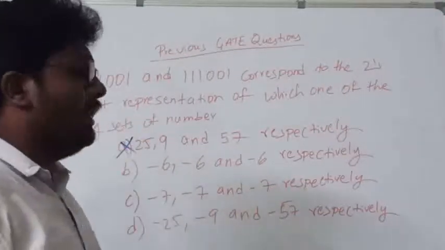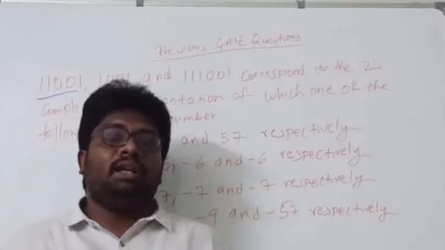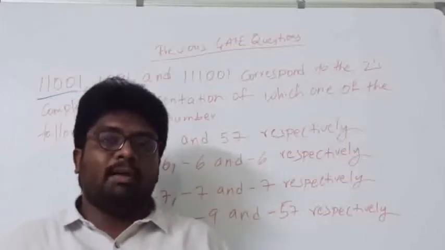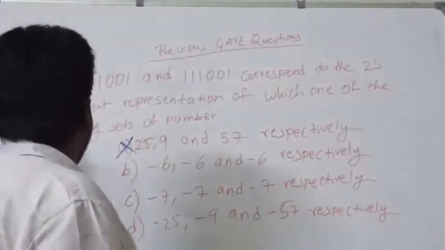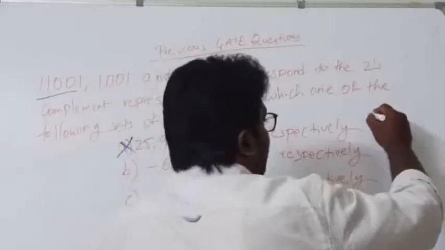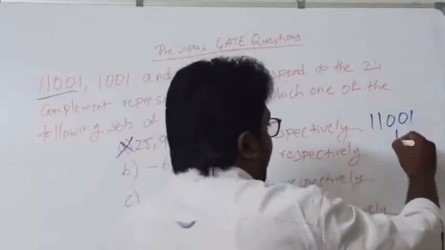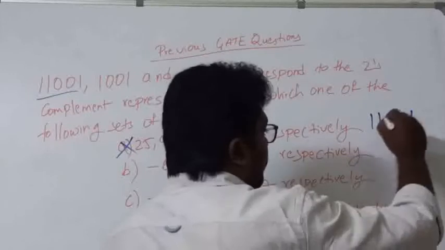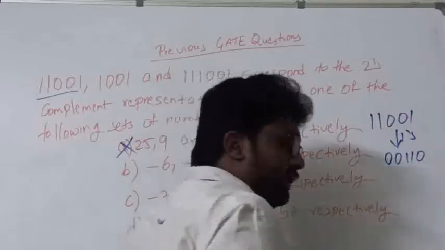Now we need to find the original numbers, so we again need to perform the 2's complement of the given 2's complement representation numbers. Let us see for the first one, which is 11001. The 1's complement for 11001 is 00110.